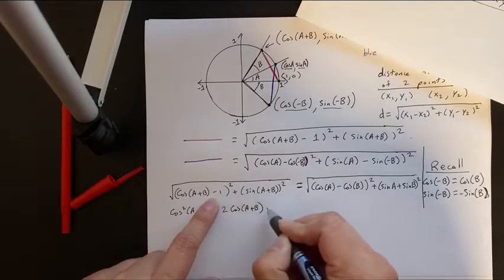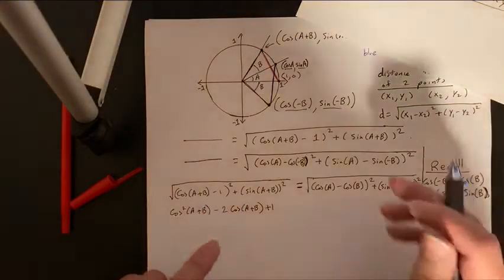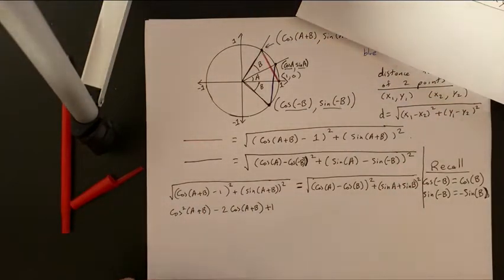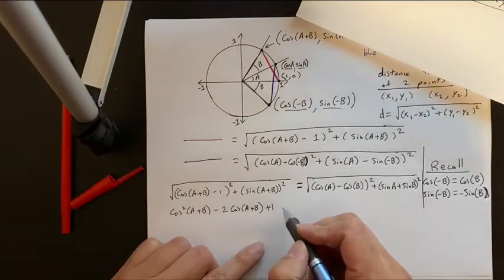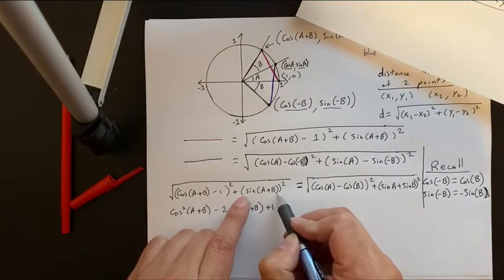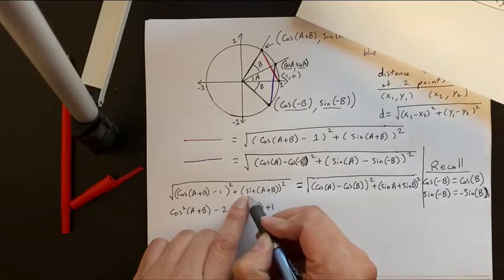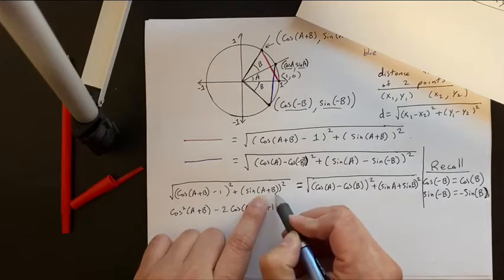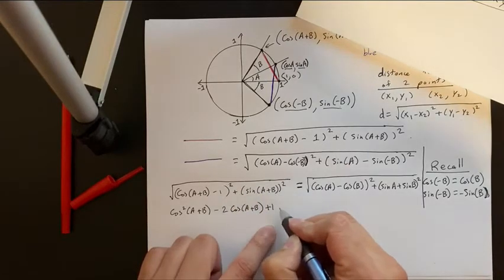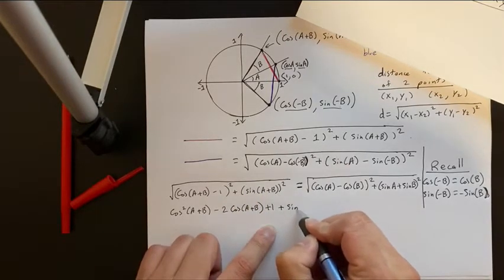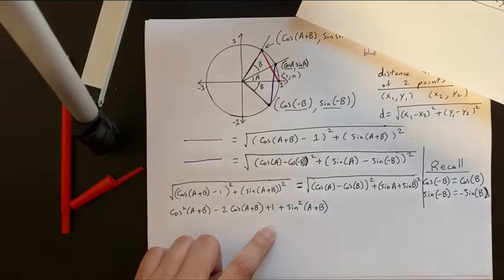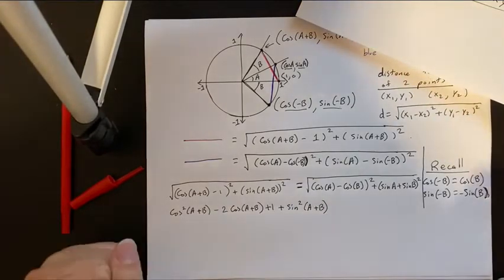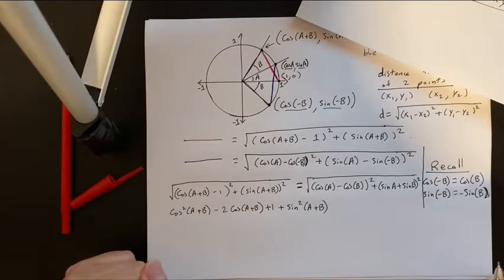And the 1 square, which is plus 1. Okay. And what is this? This is just one term. It's sine of a plus b, right? Sine of the angle a plus b, and that whole thing is squared. So this is just plus sine square of a plus b. That's the left side.